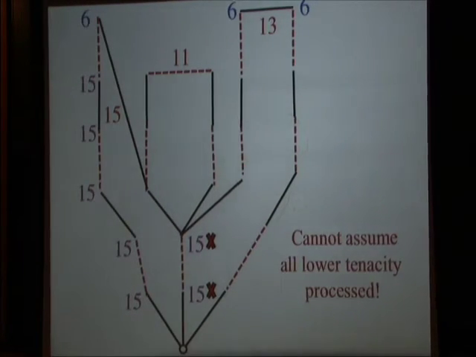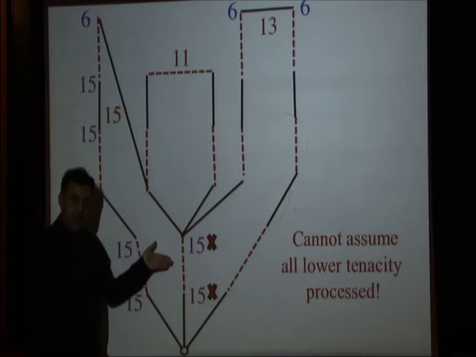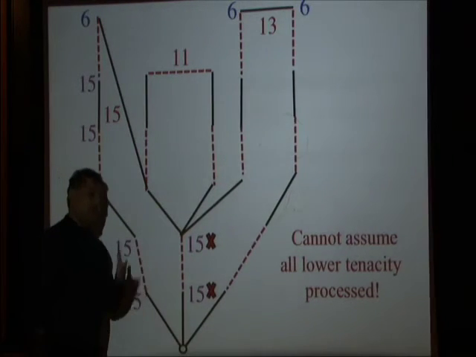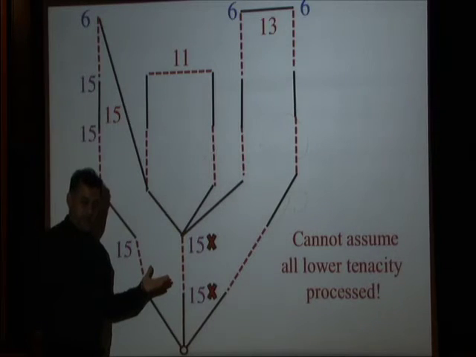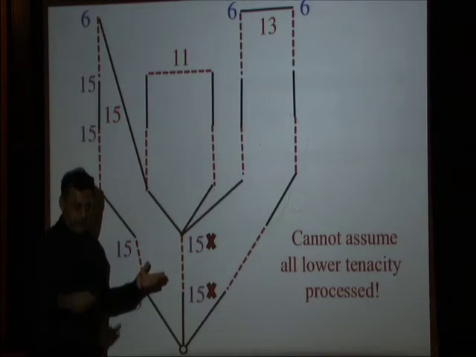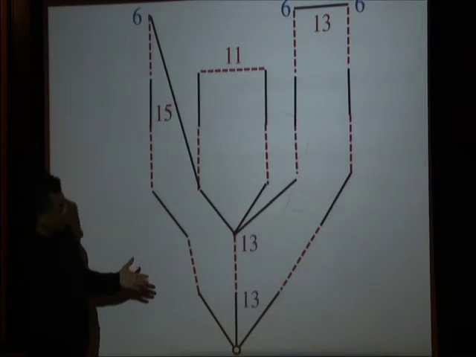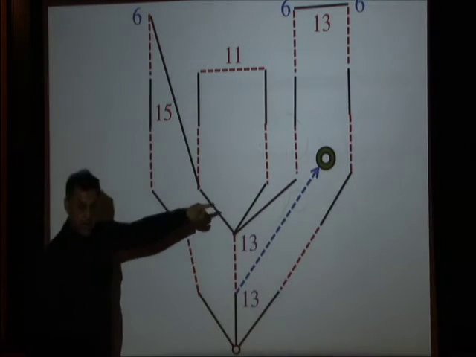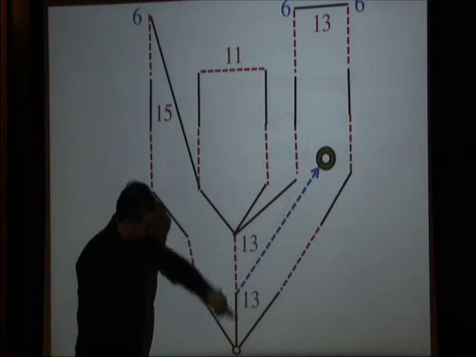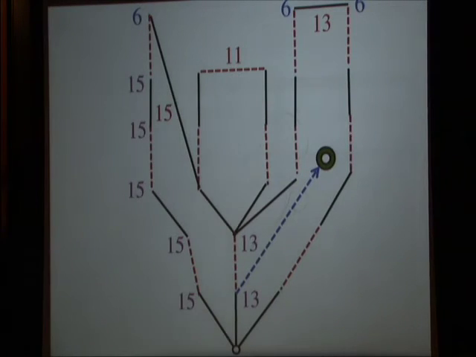Okay, and to an unlabeled guy, you can assign tenacity only if all the lower tenacities have been assigned, and that was not the case here, to carry out the inductive proof. And so what should happen is 13 here, blossom here, come directly here, and label only these guys as 15.